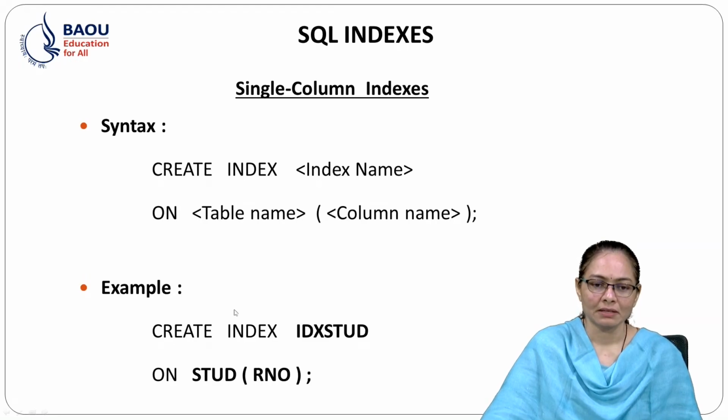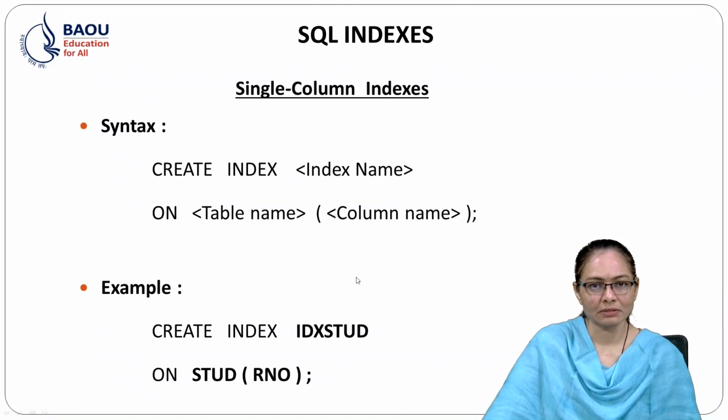It means the index is created on the student table, and in which column? The roll number column. The index is created on the roll number column from the student table.